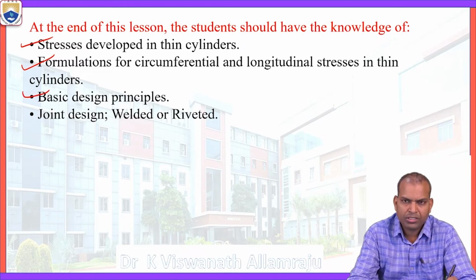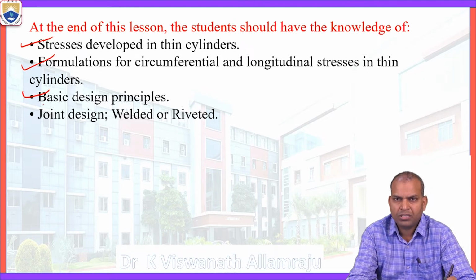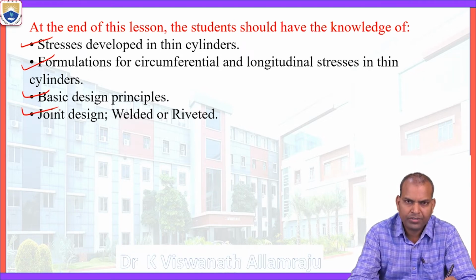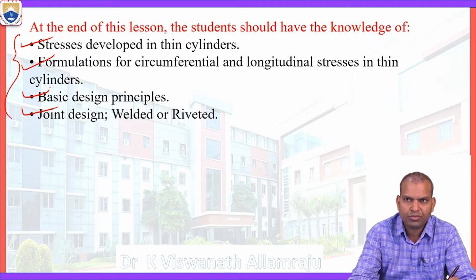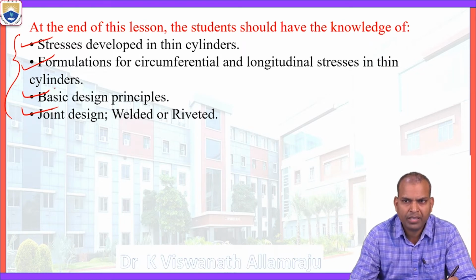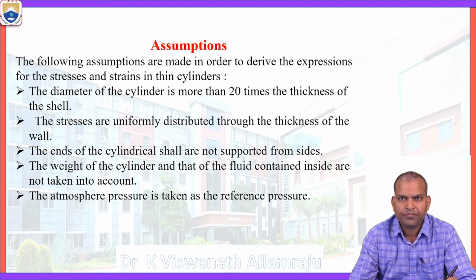The third one is the basic design principles, and the fourth one is the joint design, that is, welded or riveted joints. These are the four objectives the students should have knowledge of at the end of the session. That is the main aim of this lecture.